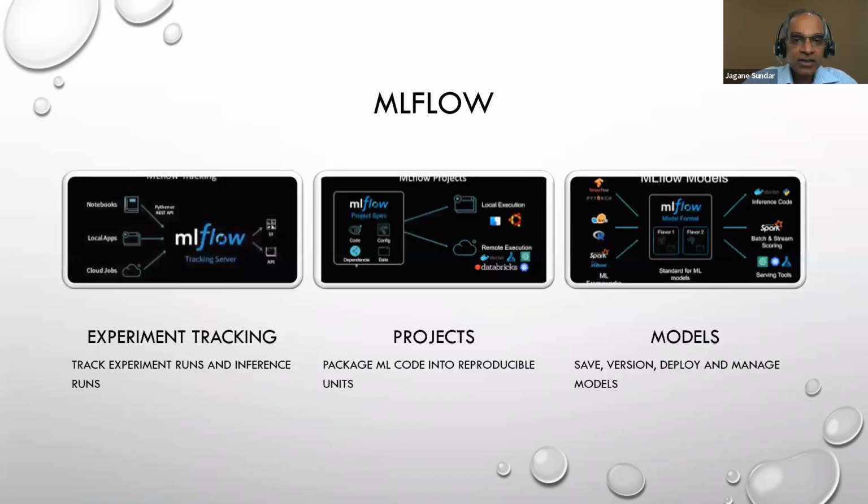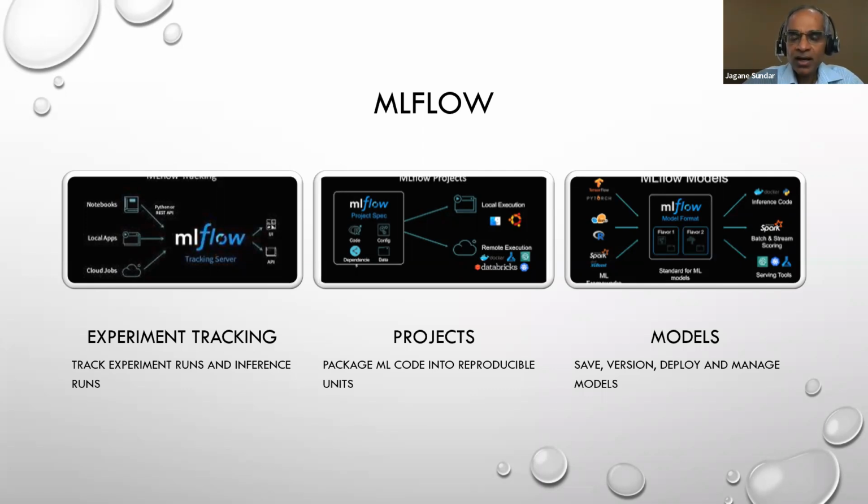There are three main parts to MLflow. There's the experiment tracking part, which tracks experiment runs and inference runs. It's not just the data scientist's work that's recorded here. You can use it to record data engineers' work as well. Then there's the projects part of MLflow, which is a way to package ML code such that you can reproducibly use that packaged code.